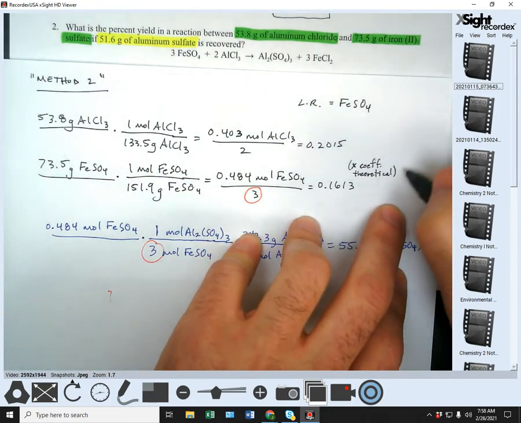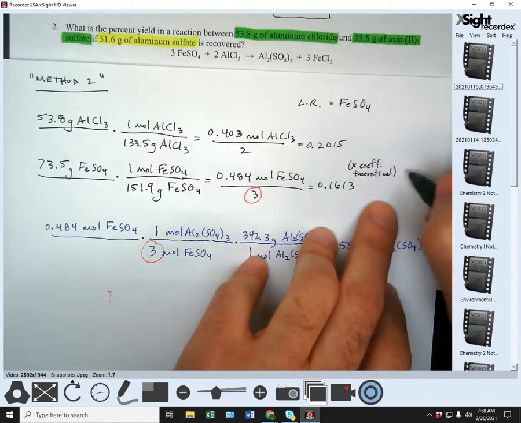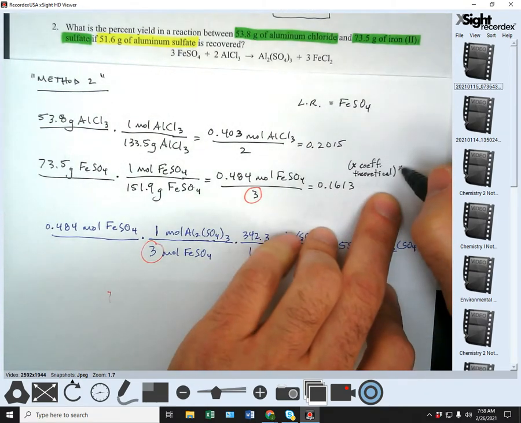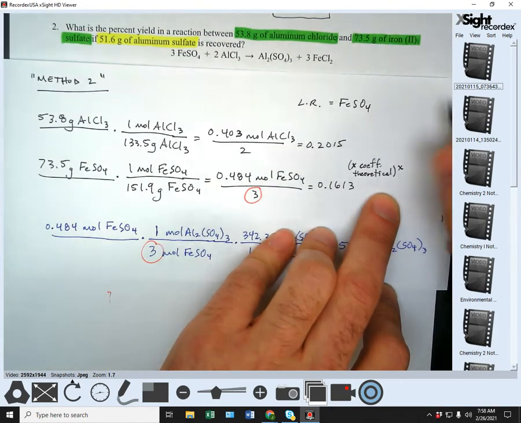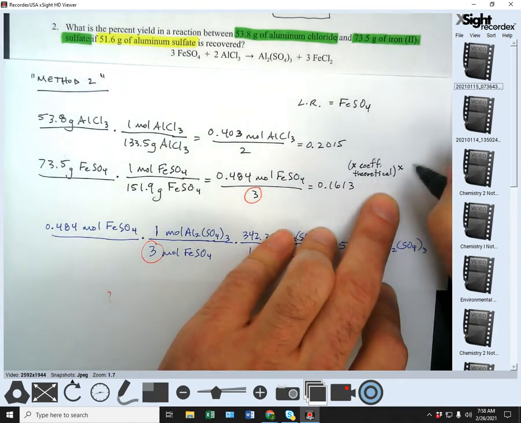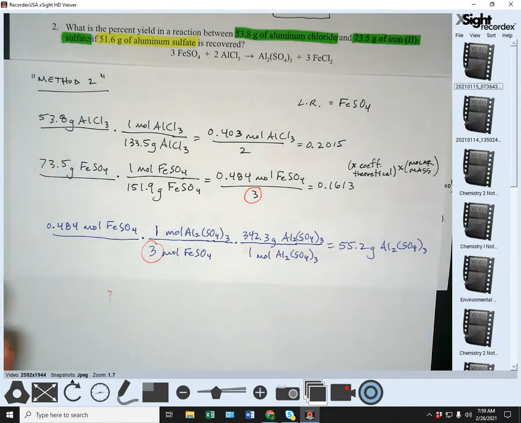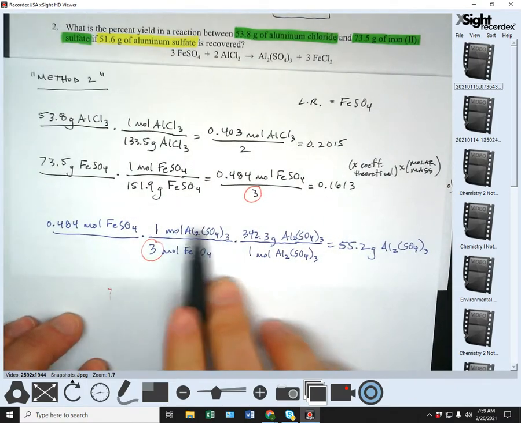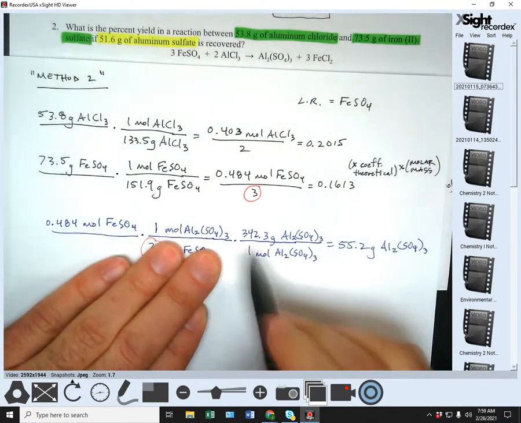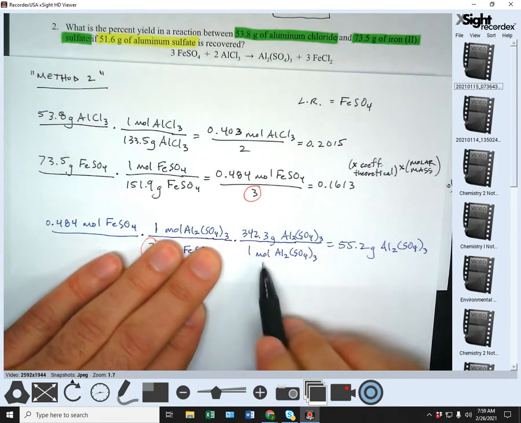So you take it times the coefficient of the theoretical, and then times the molar mass. Okay, we would do this part of it right here. Times that, and then this is always going to be 1 at the bottom, so times that.